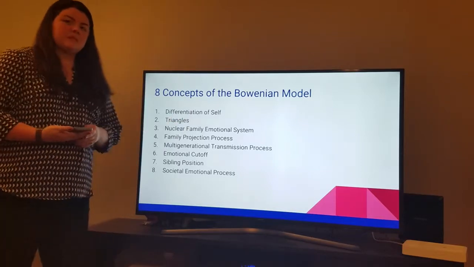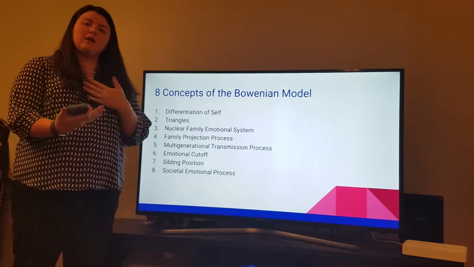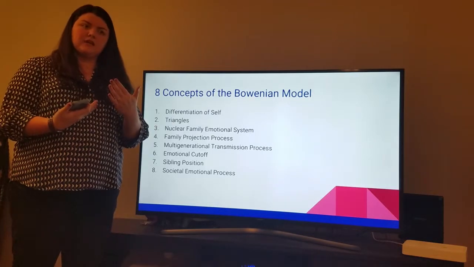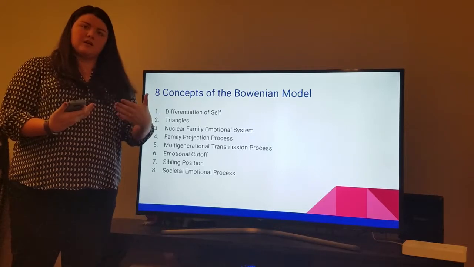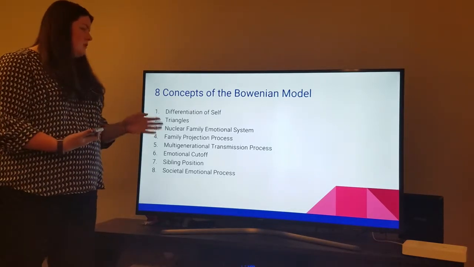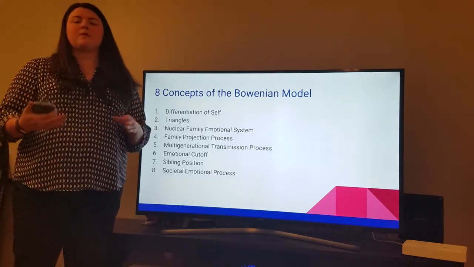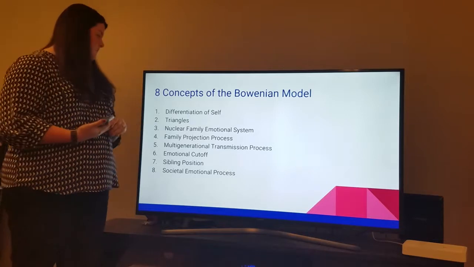There are 8 concepts of the Bowenian model. The first one is differentiation of self: how far we can distance ourselves from the impact of our choices based on the opinions of others. We'll explain that in a second. Triangles: the 3-person unit that is more stable than the emotional dyad with only 2 people.